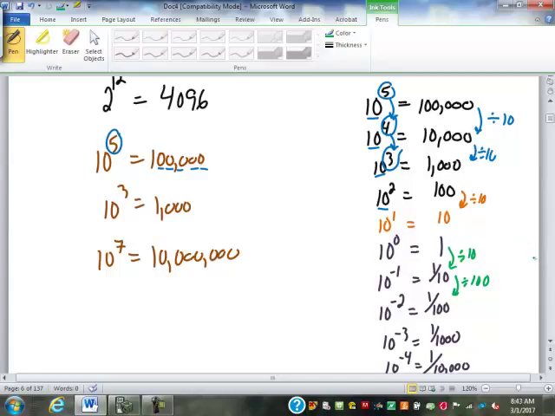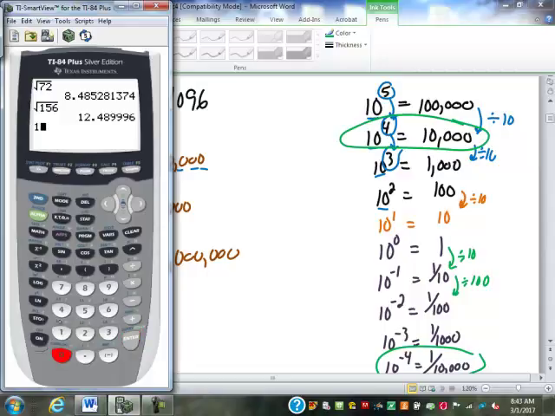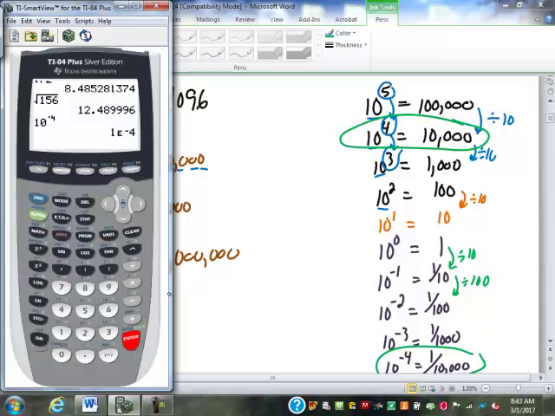Basically, what you see here, 10 to the 4th is 10,000. 10 to the negative 4th is 1 over 10,000. The reciprocals. How would you punch that into the calculator? 10 divided by 10 divided by 10, or 10 to the power negative 4. Now, this is giving me scientific notation, which we're going to talk about later.